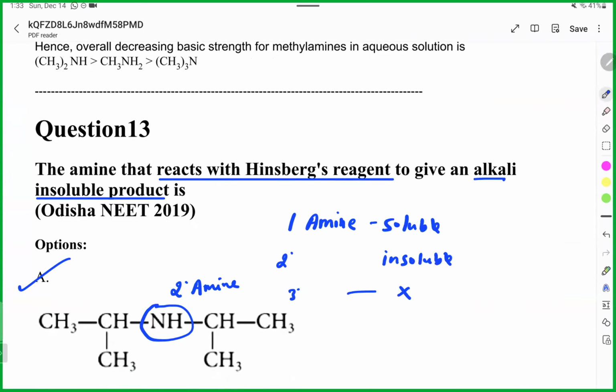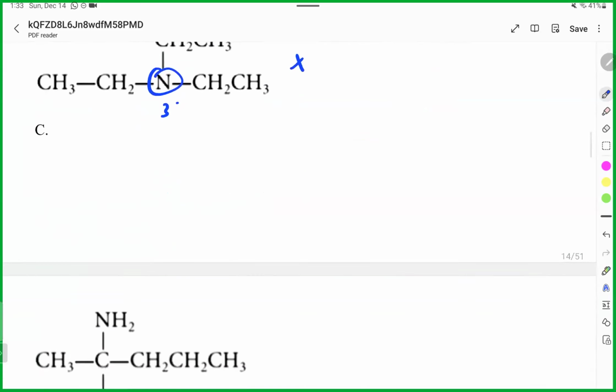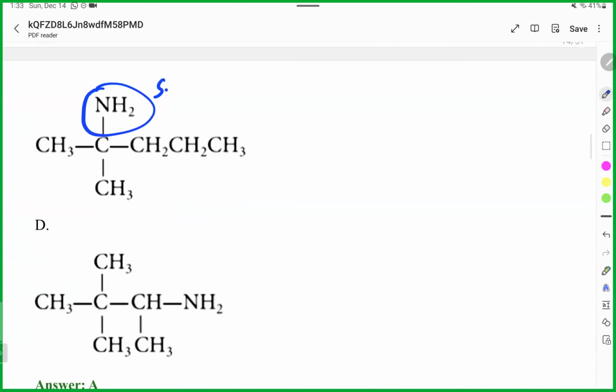No reaction. So this is correct. This is tertiary, no reaction. Primary, soluble. And again primary, soluble. Understood? Any doubt, guys?